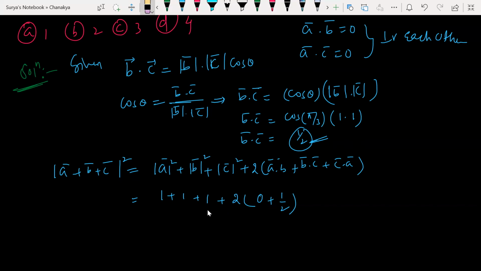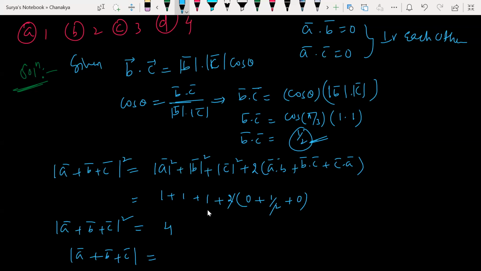Let's see how many of you do this correctly. 2 times of 0, B dot C is 1 by 2, plus 0. So 4 I'll get. He's asking for the magnitude of A plus B plus C. The answer is 2. B is correct. Any doubts?